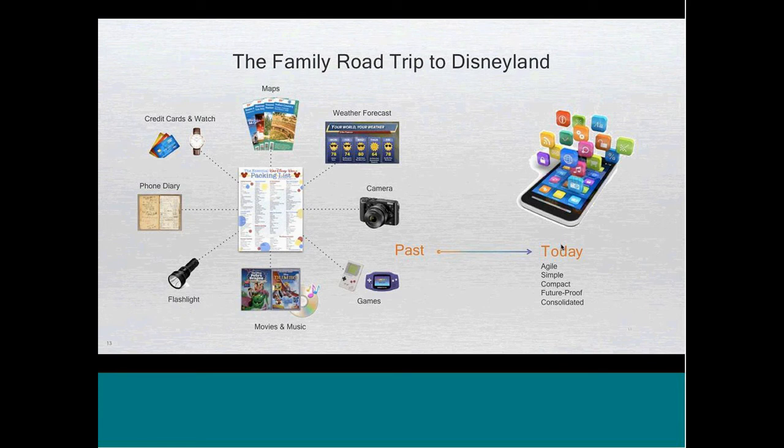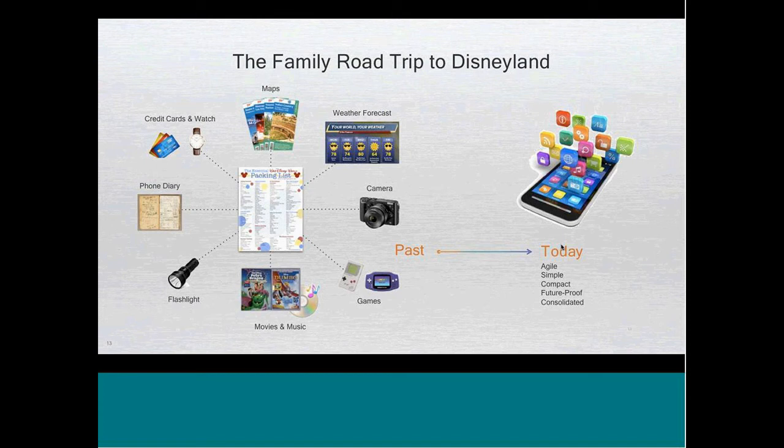For example, the road maps are not only road maps, but they'll give you a satellite image. And along with that, you can also have real-time traffic. The weather forecast is not static. It is actually dynamic, and it is targeted based on where you are at that point. Your camera is not just the phone.